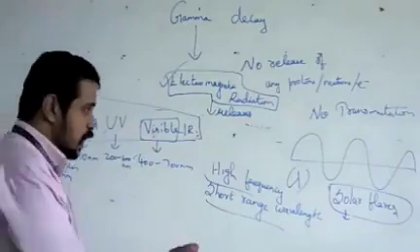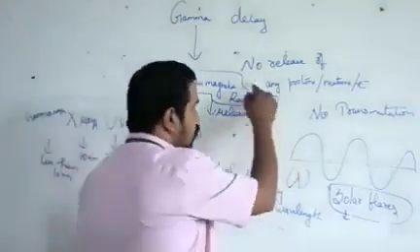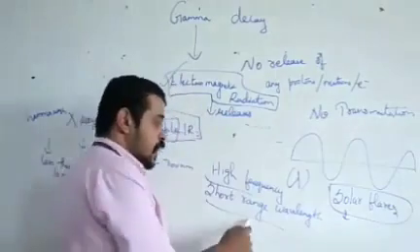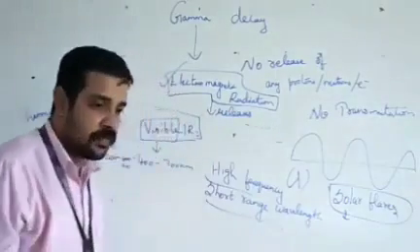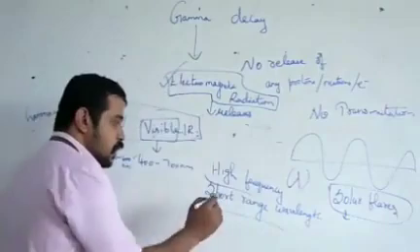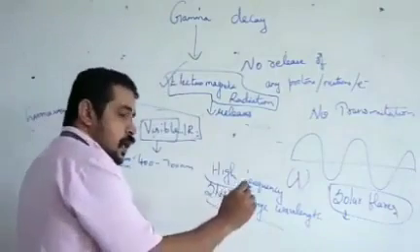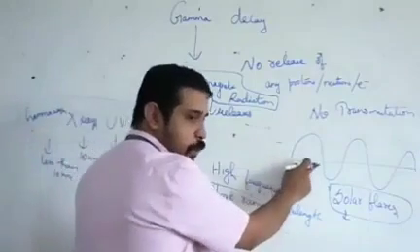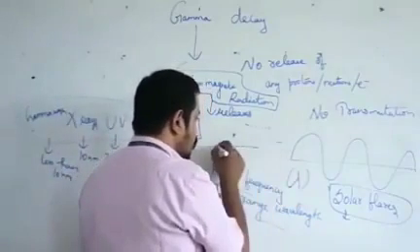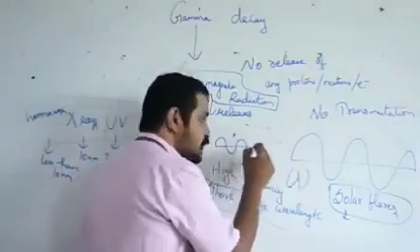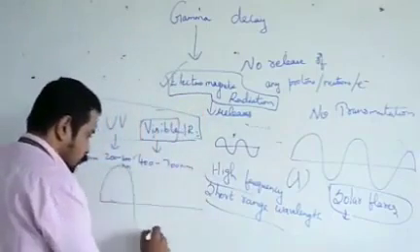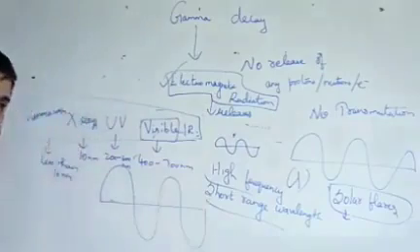This electromagnetic radiation, that is gamma ray, has a very high frequency and a very short wavelength. Now you have to understand, say for example, this is one particular wavelength, this is another kind of wavelength, and this is another kind of wavelength.